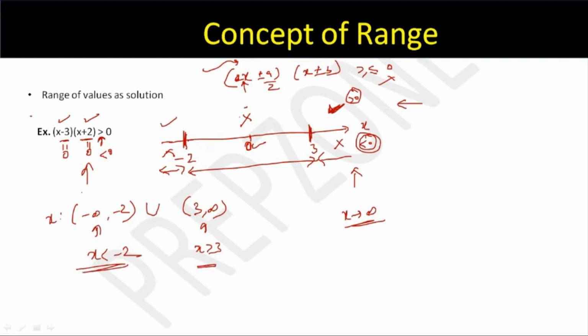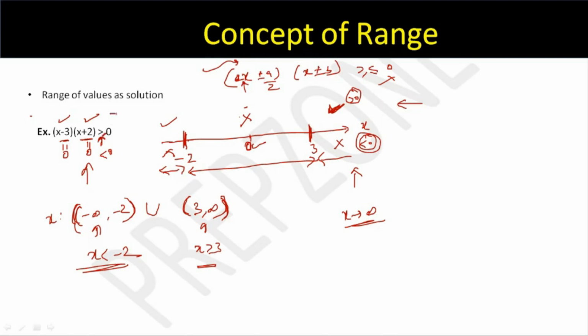Now, one important thing is whether it will be a closed bracket or an open bracket. Infinities always have an open bracket. Why? Because infinity does not exist in the reals, right? This is like a very high number. So given this number does not exist, you always have open brackets here by rule. For -2 and 3 you will have an open bracket because there's no equality sign here.